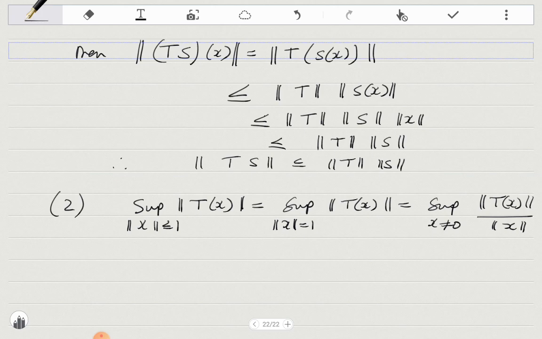In fact, we have already seen in the course of the proof that the first equality has already been dealt with, and the second equality also we have seen right in the beginning. So I'll skip this part and write it as check this.